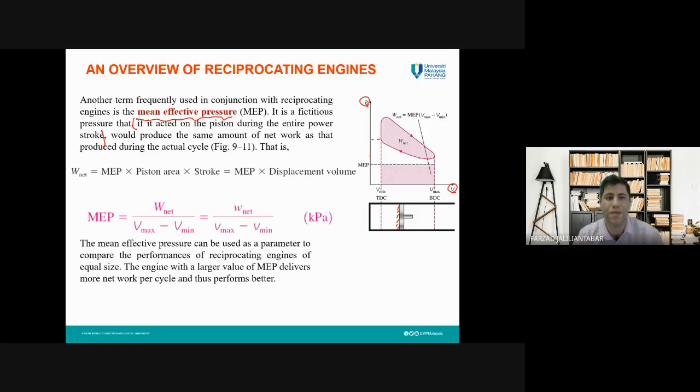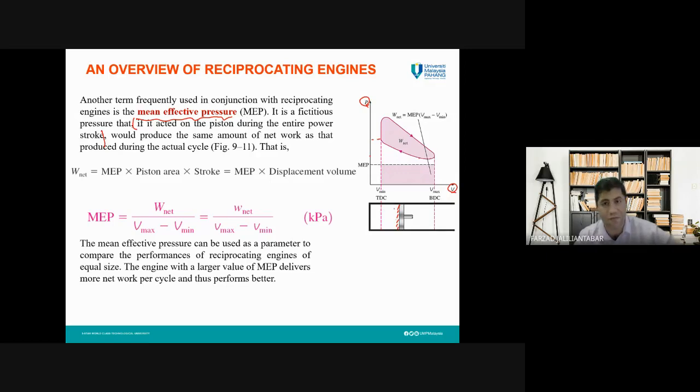So this mean effective pressure is defined to give an average amount of pressure acting on the surface of this piston. It is useful to calculate the work, because force times displacement gives us the work. The force is nothing but the pressure times the surface area.